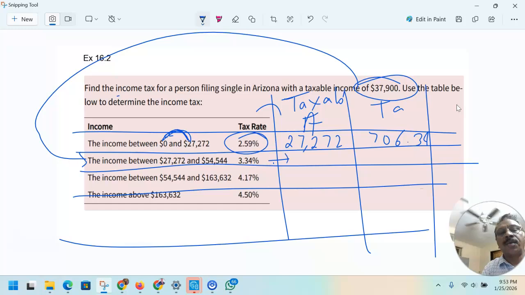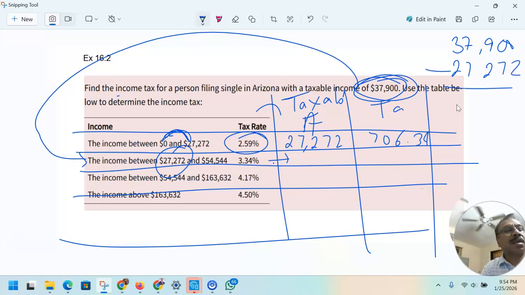Now we need to know how much more is 37,000 from this. If you subtract, you get 10,628.